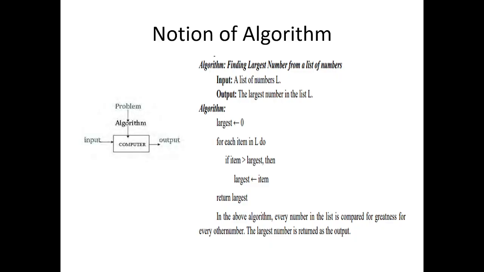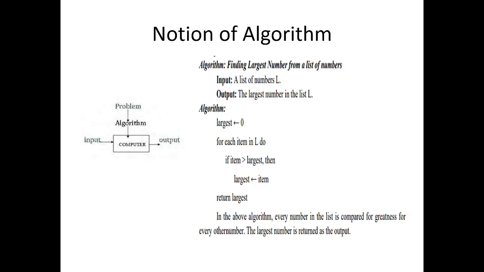Here's an example of how an algorithm is written for finding the largest number from a given list. The input is a list of numbers, L, which the user has to give. The output will be the largest number in the given list. First of all, we assign 0 to the variable largest.